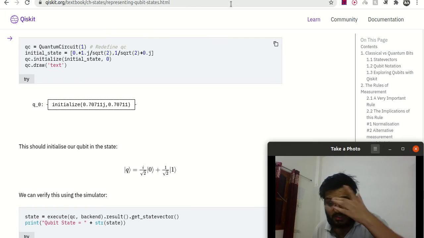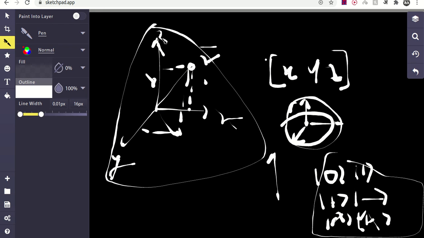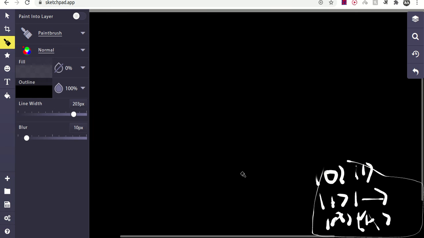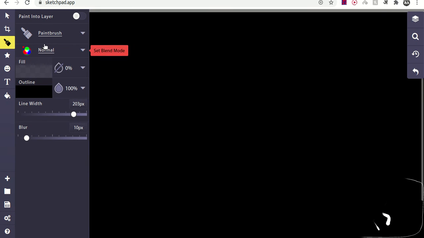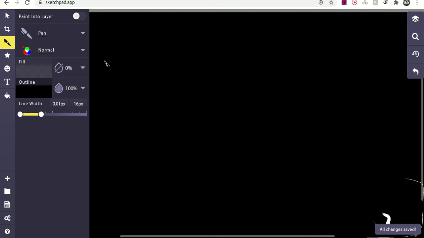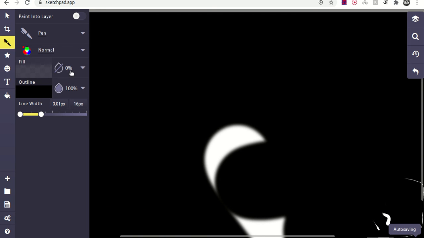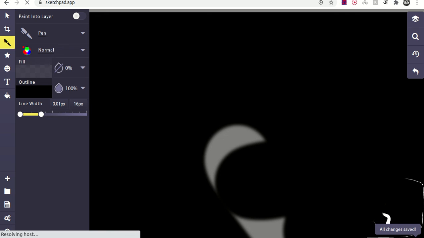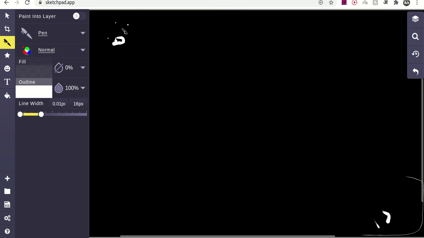Now I just showed you an example. Suppose we have a photon, and it has many directions of oscillation.